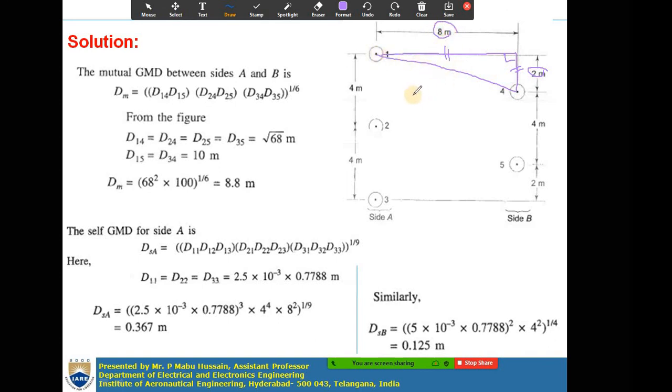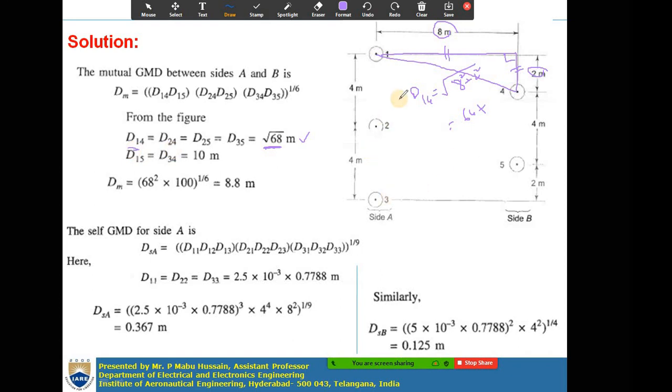Then you can calculate the distance D14. D14 is equal to the square root of 8 square plus 2 square, which is 64 plus 4, which is root 68 meters.